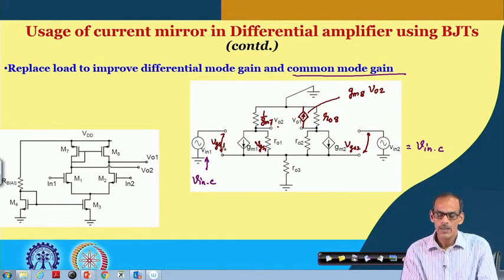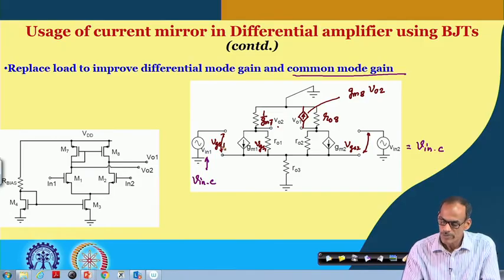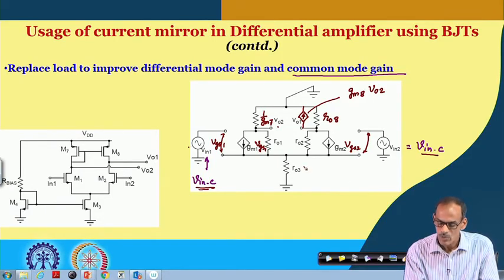Now, under this common mode operation, we are applying the same signal here as well as here, and as a result, since the left and right halves have a similar kind of situation, we can split this resistor into two identical parts.